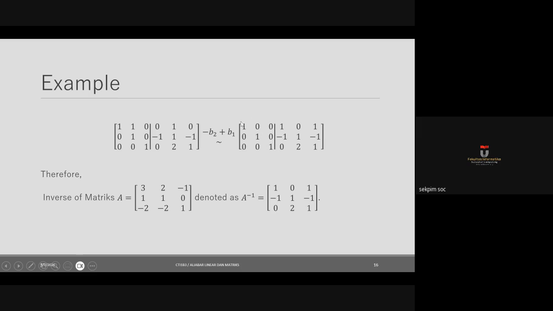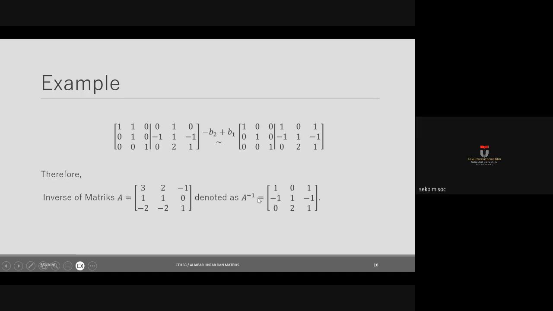Since it's already the identity matrix, you already have the inverse of the matrix on the right hand side. So this one is actually the inverse of A, the inverse of this matrix.